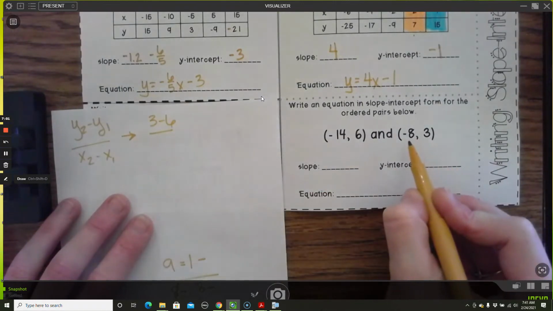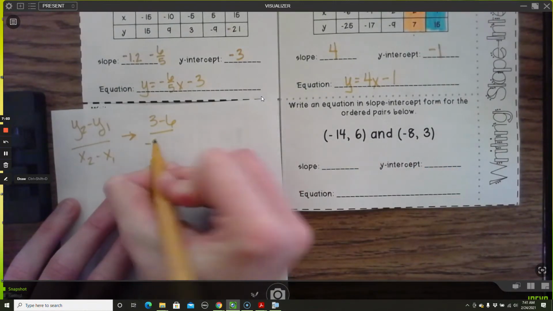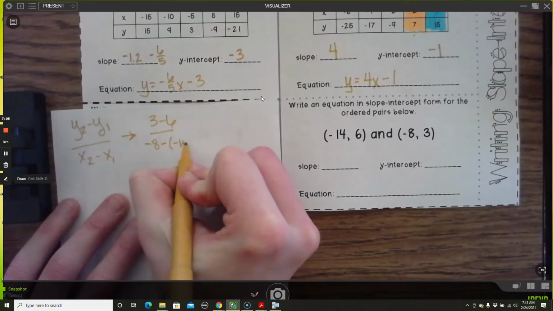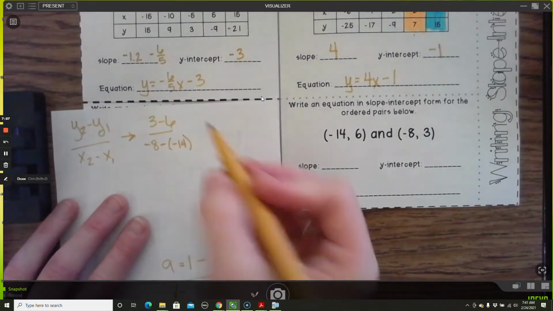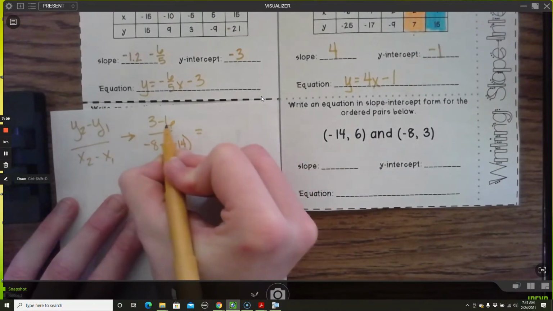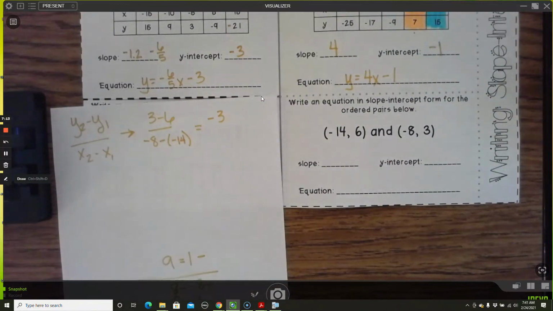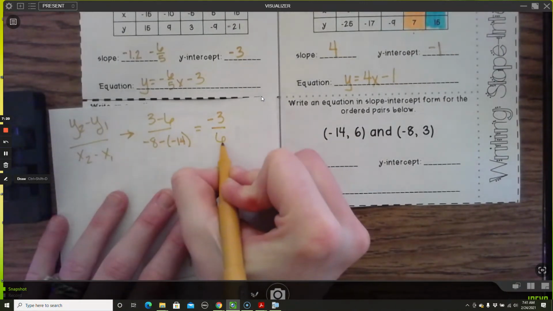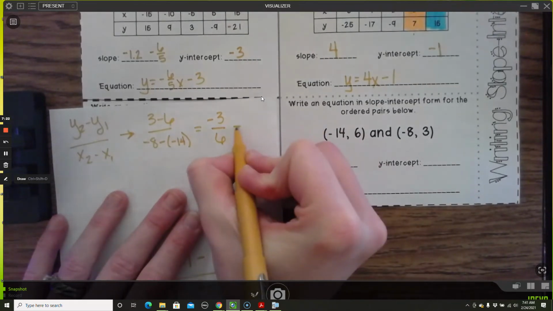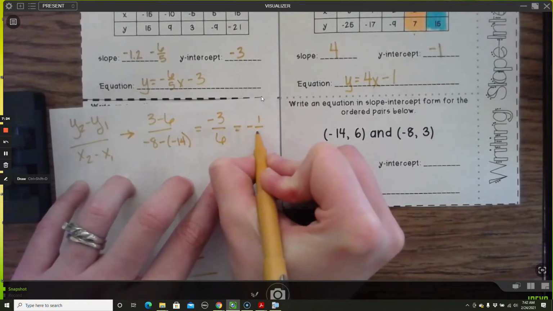And then my x's are -8 minus -14. Okay, so 3 minus 6 is a -3, and then -8 minus a -14 gives me a +6. -3 over 6 simplifies to -1/2.